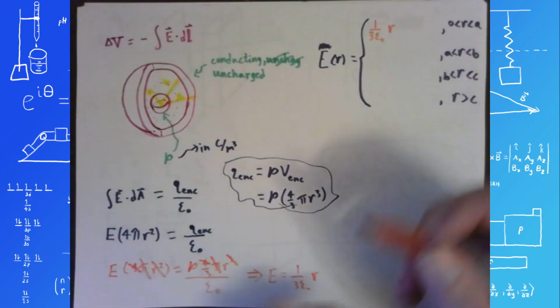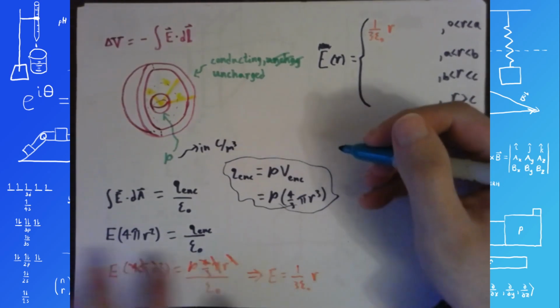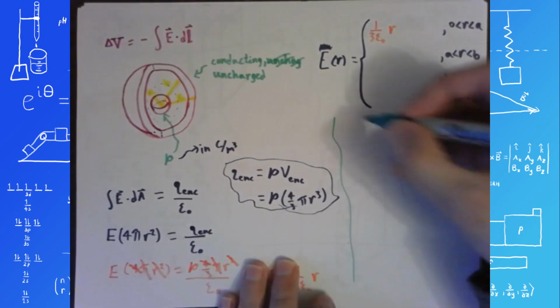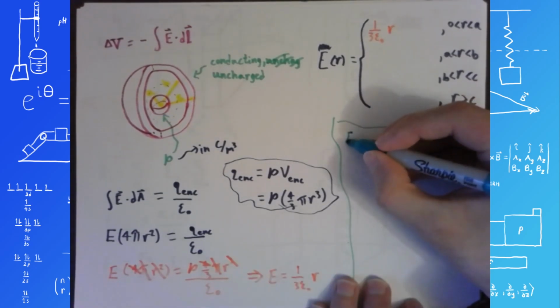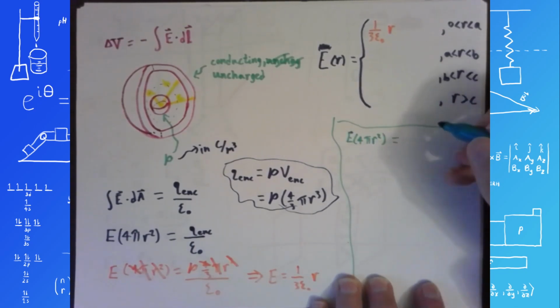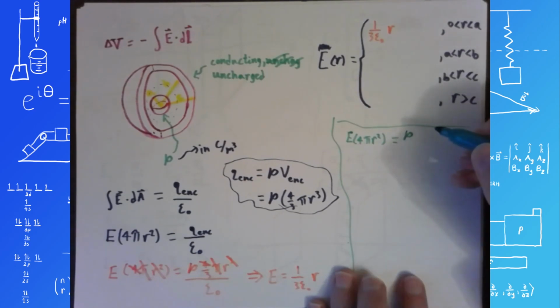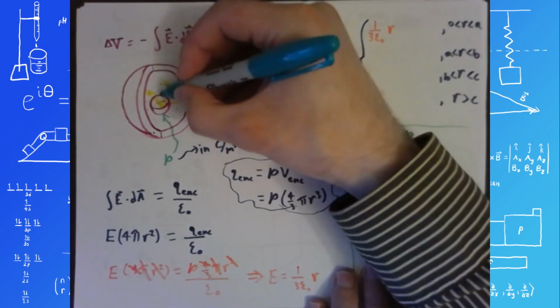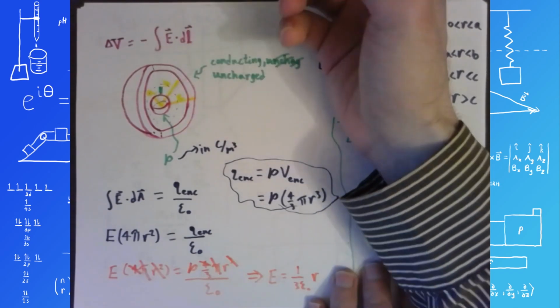So I'm going to just go ahead and copy down pretty much this stuff right here, starting up here. So we've got E times 4 pi r squared is going to equal, the charge enclosed this time is the volume charge density times not the volume enclosed, because not all of the enclosed volume has charge in it, right? This stuff over here, empty.